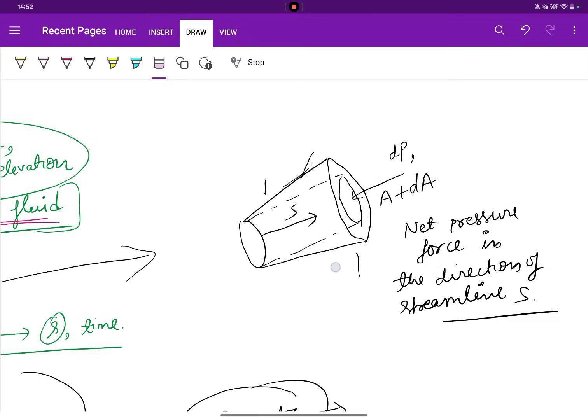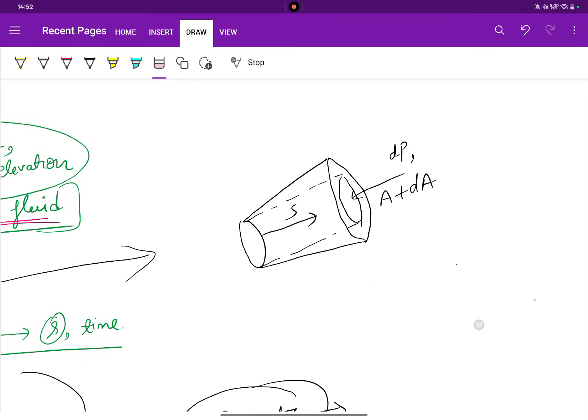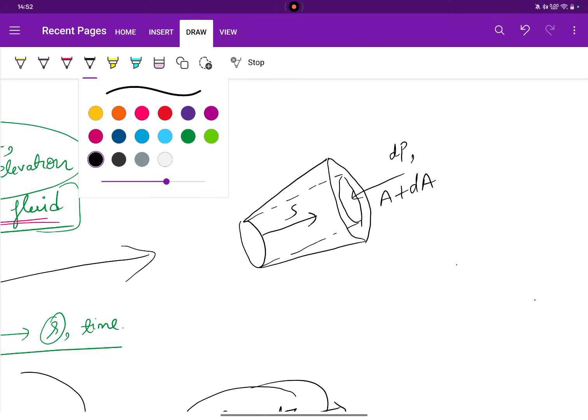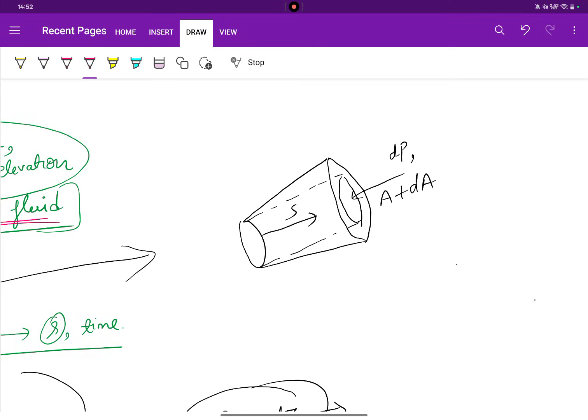Area will be there. Now let me make the diagram here without the pressure. So basically here is going to be pressure dP, and this is going to change like this, how it is going to be inward, right?